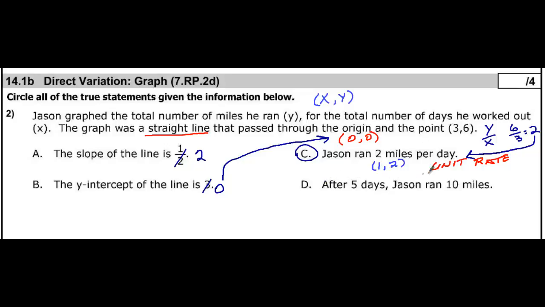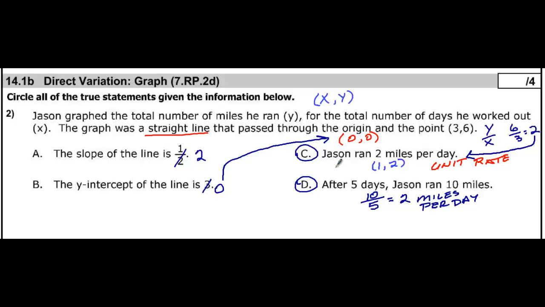Finally, after 5 days, Jason ran 10 miles. That's also a true statement. And we know that if you take the number of miles and divide it by the number of days, you get 2 miles per day, which we already said was true on letter C.